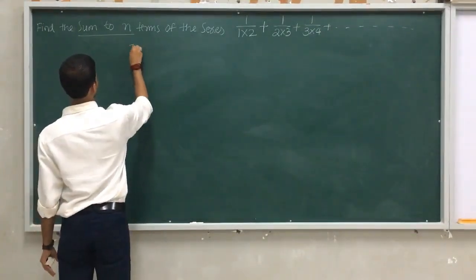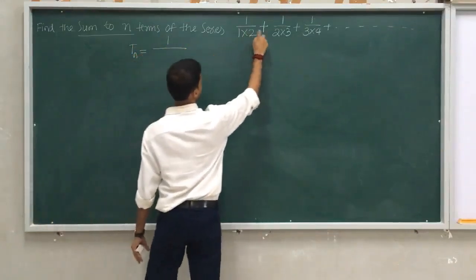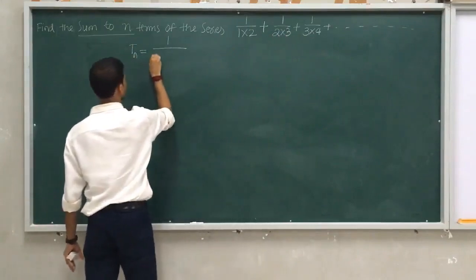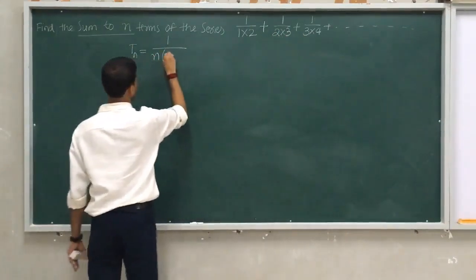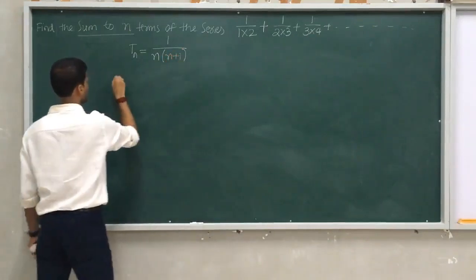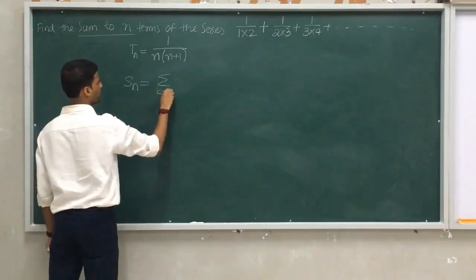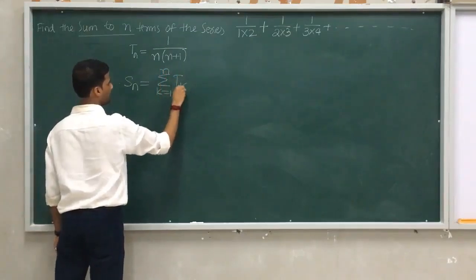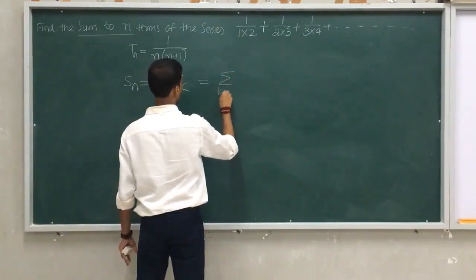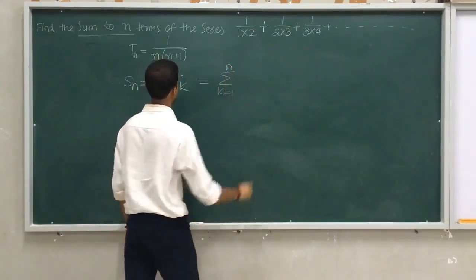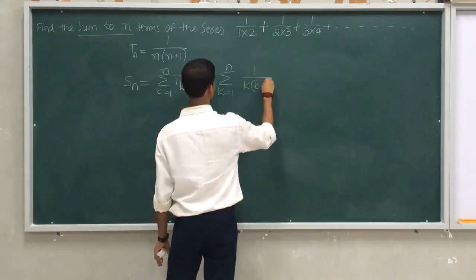So I can say Tn is equal to 1 divided by n into n plus 1, as we just computed. Therefore Sn is equal to the summation of k from 1 to n of tk, where tk is equal to 1 divided by k times k plus 1.